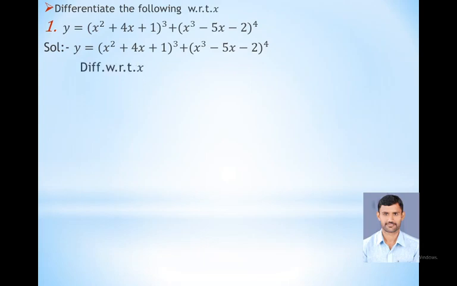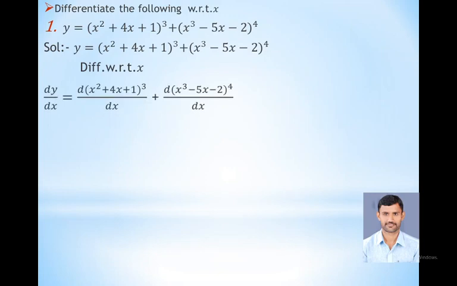Now differentiate with respect to x. Dy by dx is equal to derivative of x square plus 4x plus 1 bracket raised to 3 plus derivative of x cube minus 5x minus 2 bracket raised to 4. Here we use addition rule.